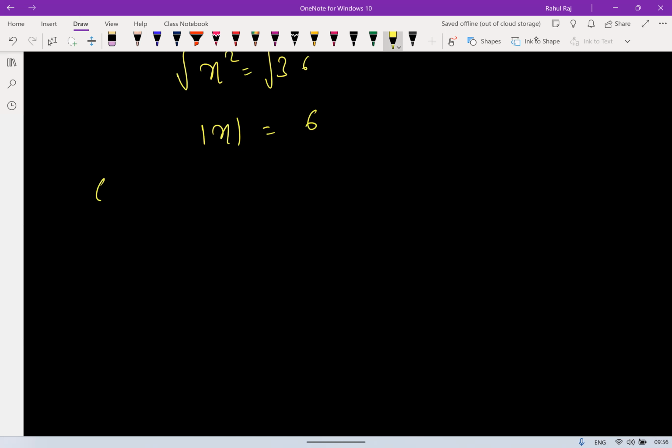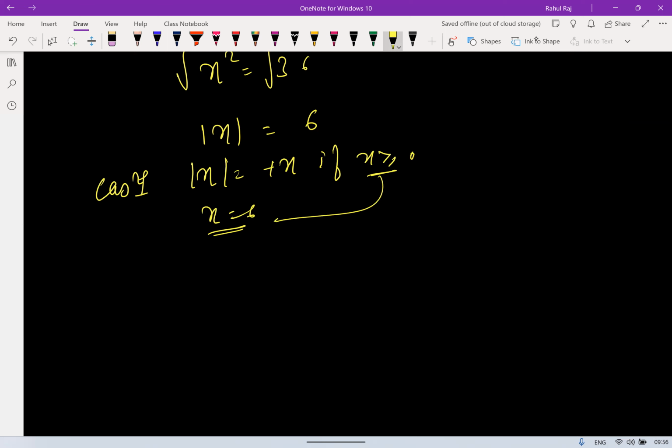Whenever you're solving a mod equation, there are two cases you're supposed to take. Case 1: mod x is equal to positive x if x is greater than or equal to 0. That is, x is equal to 6. For x greater than or equal to 0, x is equal to 6, a valid solution. Case 2: mod x is equal to negative x if x is less than 0, Alexa. So negative x is equal to 6, so x is equal to negative 6.